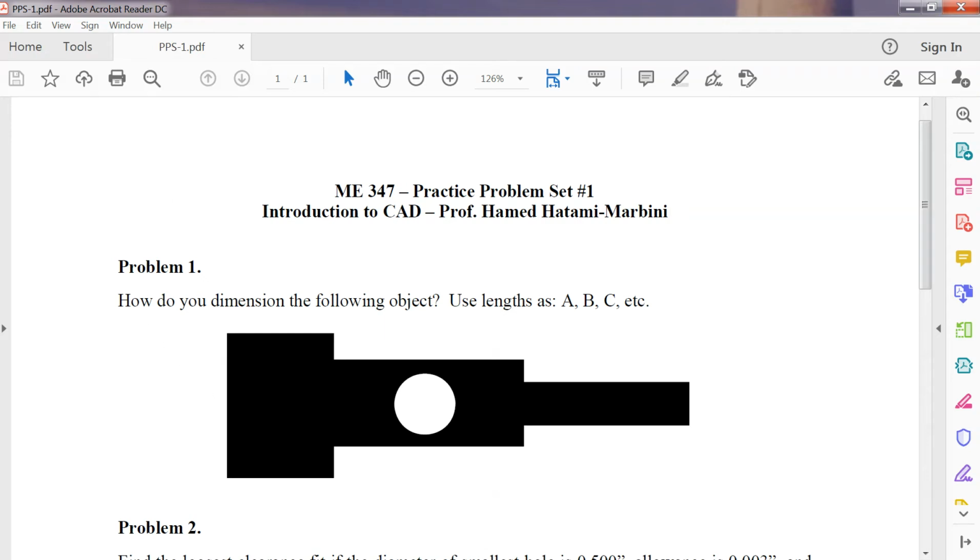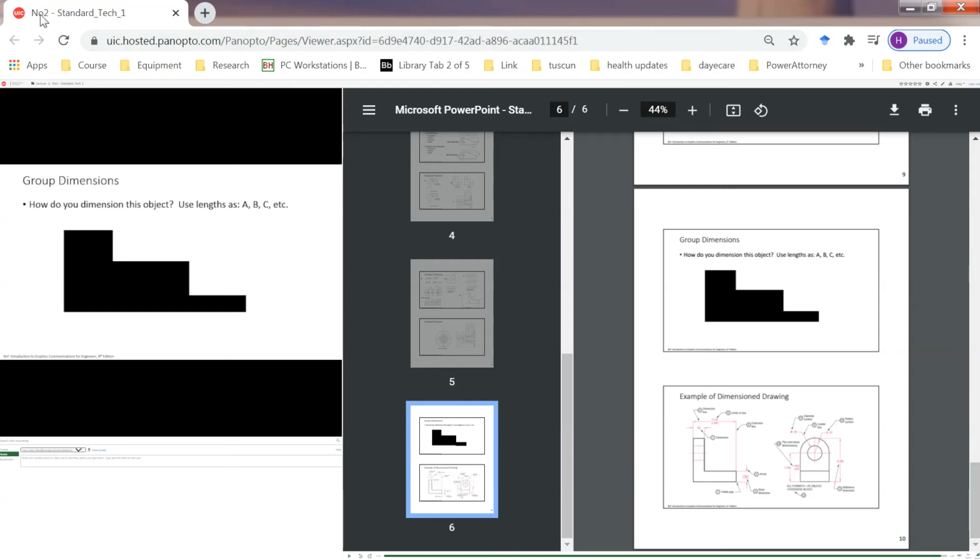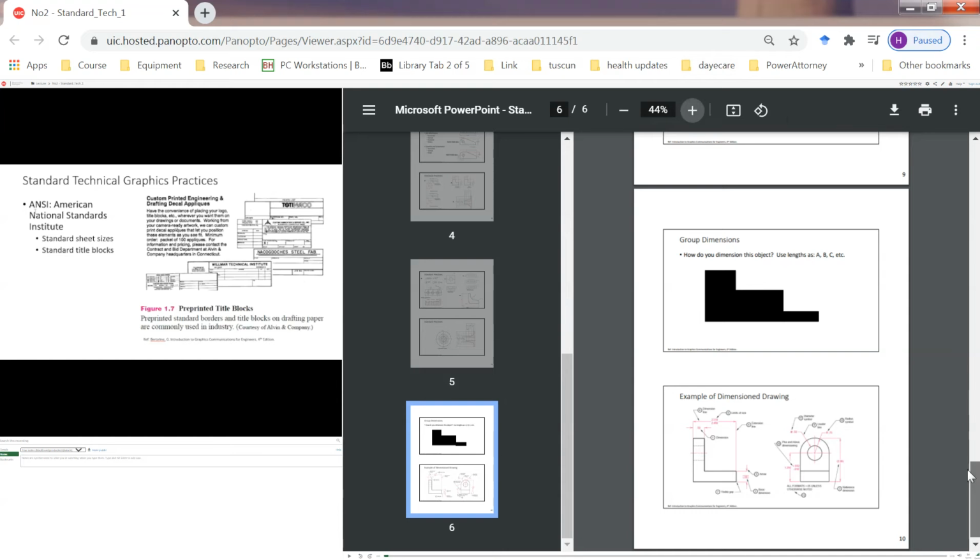Now, for example, for problem 1, there are two videos that discuss a similar problem. So if we go to Blackboard and Panopto, we see that in a file called 2-standard_tech_1, at the end, the video begins like this, and this is the PDF of the video and the handout.